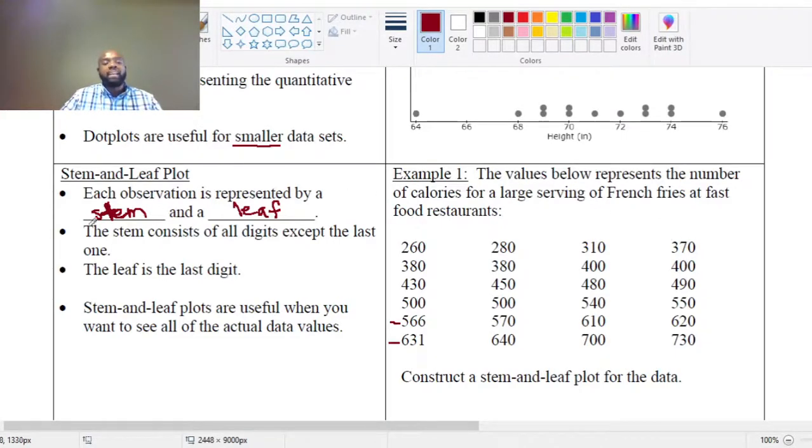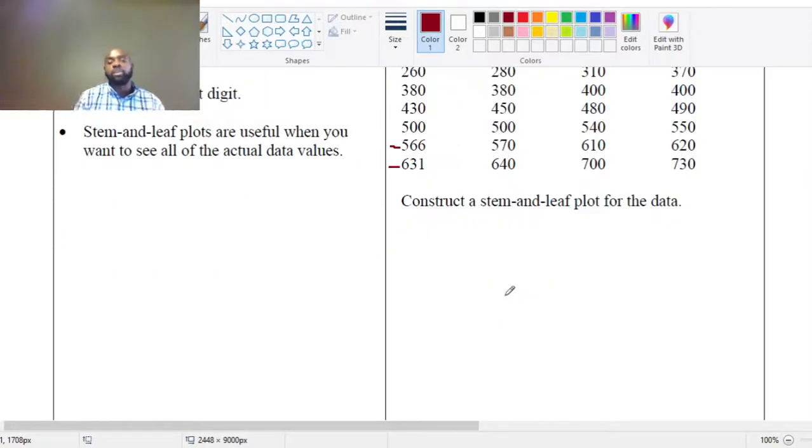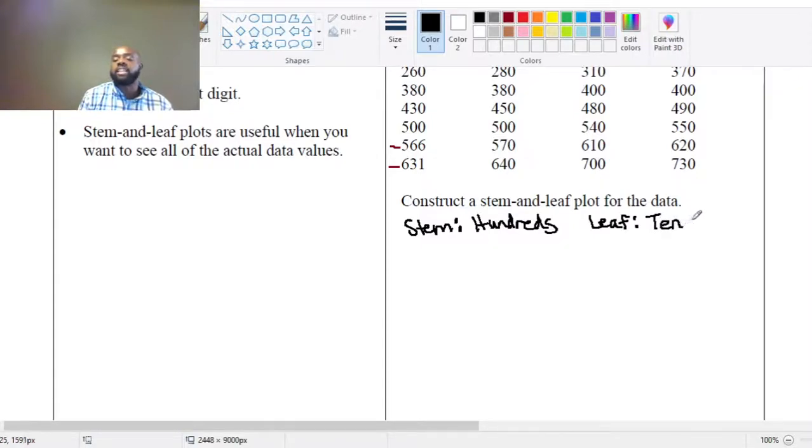And so remember, I said that your leaf is your last digit. It's not necessarily always going to be your last digit. It could be the last digit that you're interested in, right? So I'm going to put a little legend up here, and I'm going to say that my stem is going to represent my hundreds digits, and then my leaf, my last digit, is going to be the digit in the tens place.